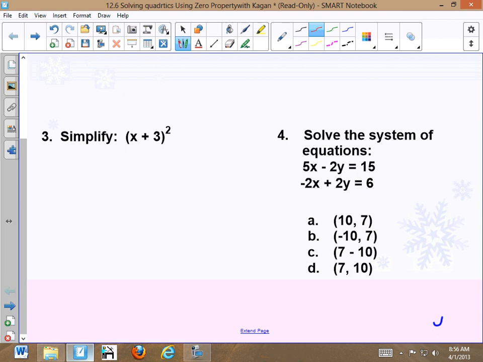Anyone? Yes. What value is the 10 right here? Thank you. 10 is the x value. The 7 is the... Yep.